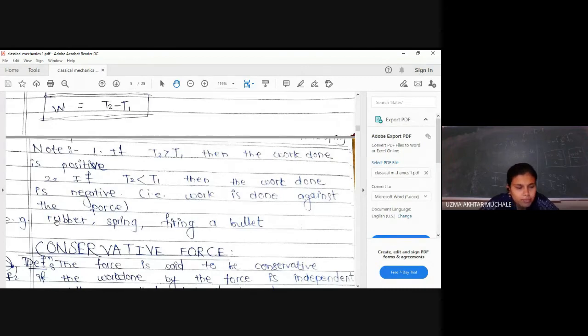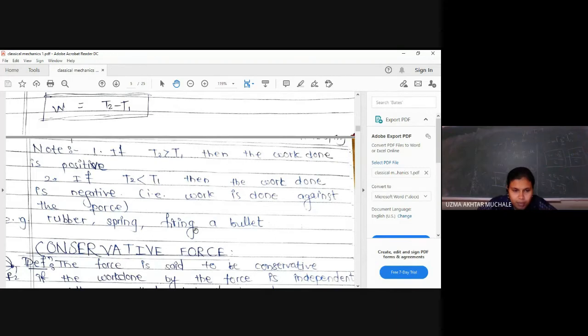In that case, an example is a rubber spring firing a bullet. Okay, now let us go with this example. What is the meaning of work done being negative? I hope you have come across this: if you take a rubber, any rubber that you put around a bundle of notes or use to tie something together, you can stretch it.